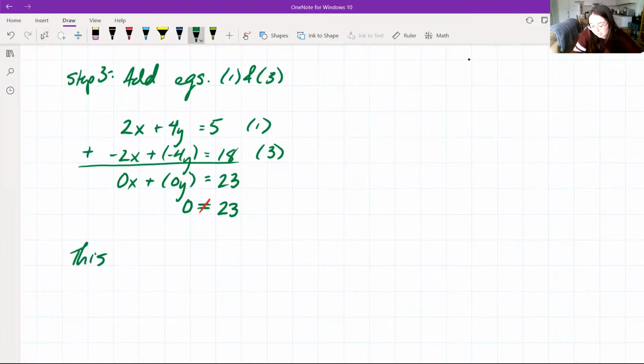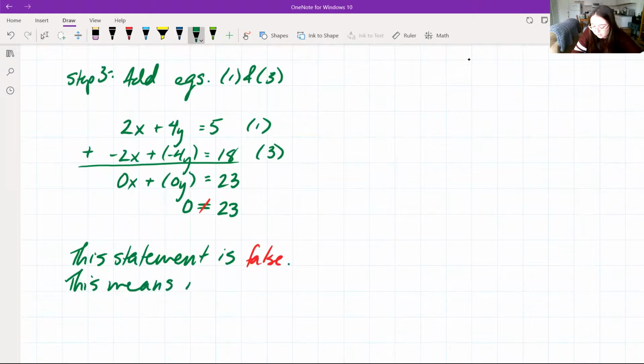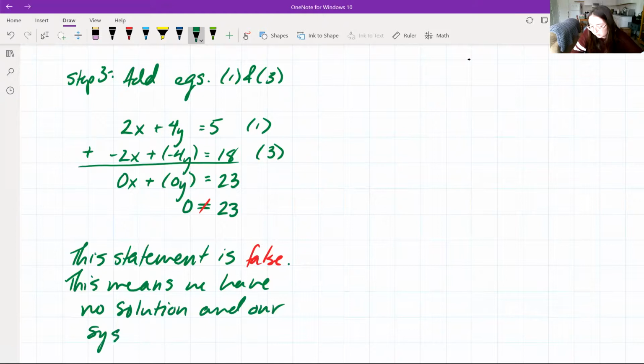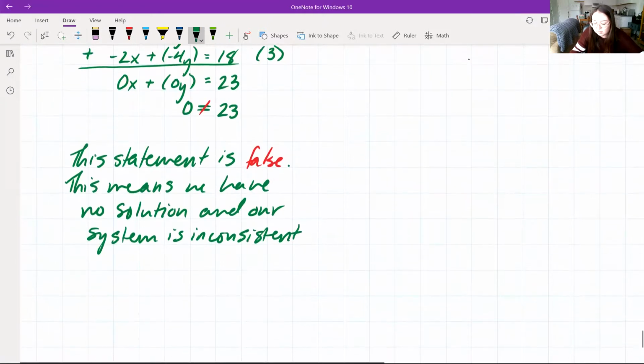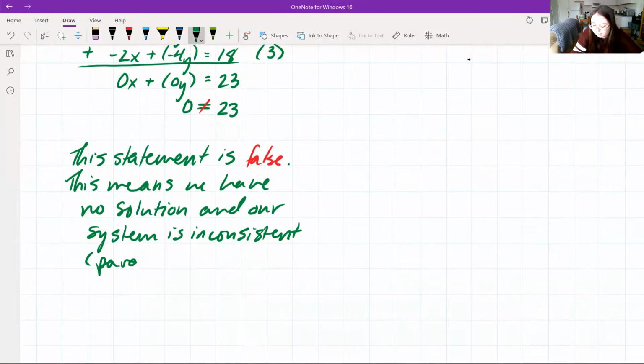So this statement is false. So since the statement is false, this means we have no solution and our system is inconsistent. And remember, this means that we have parallel lines.